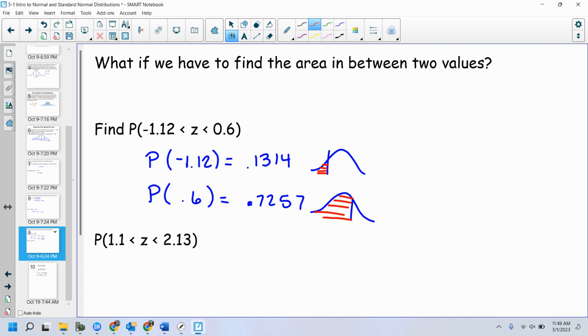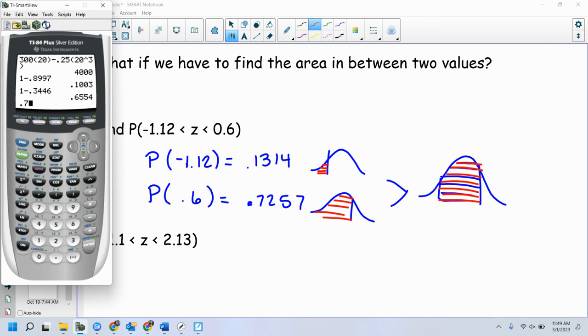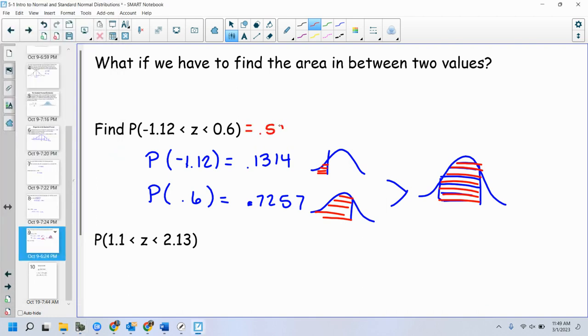Because I basically want the area in between here and here. I should put that in red. This is what I want, right? Which is essentially all of this, take away this, right? So I'm going to say 0.7257 minus 0.1314. So the probability that it falls in between those values is 0.5943.